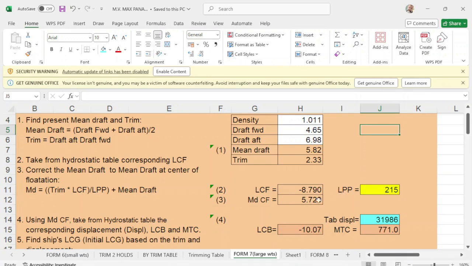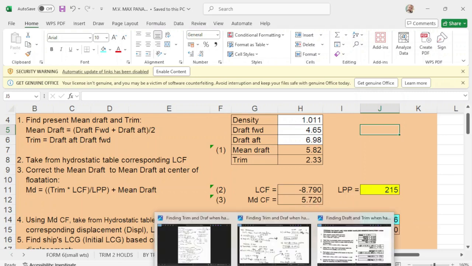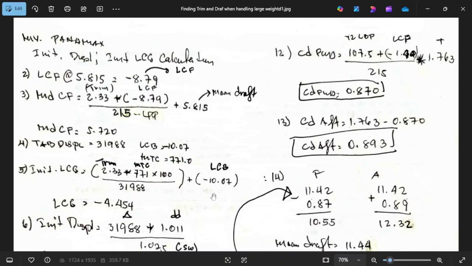You have your LCF, then you have your 5.72. What is the displacement of this 5.72? The tabulated displacement should be 31988, and your LCB is negative 10.07.